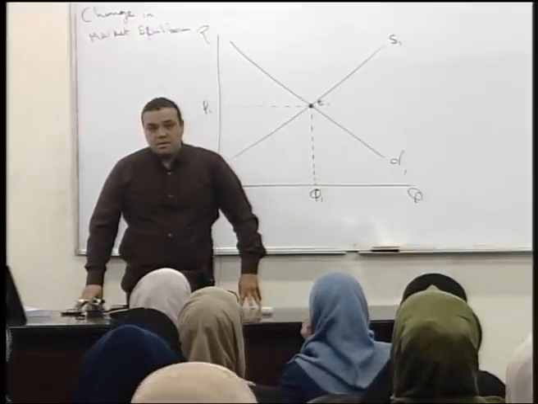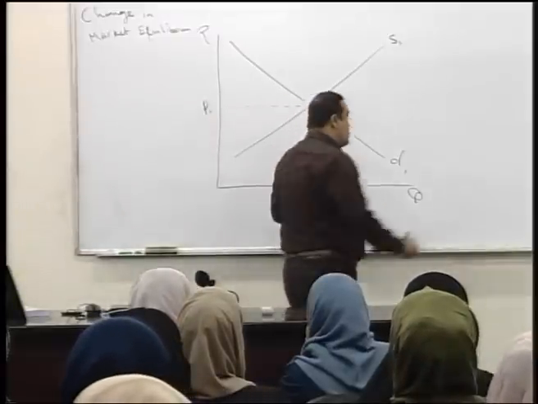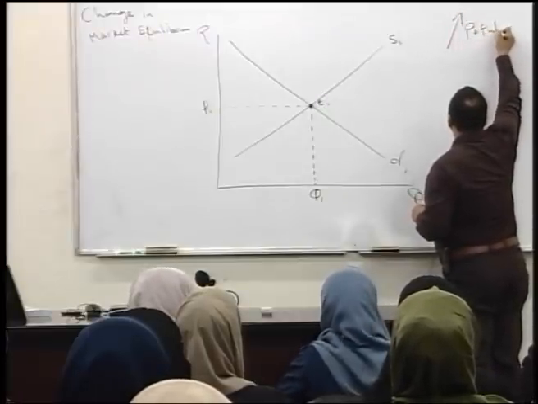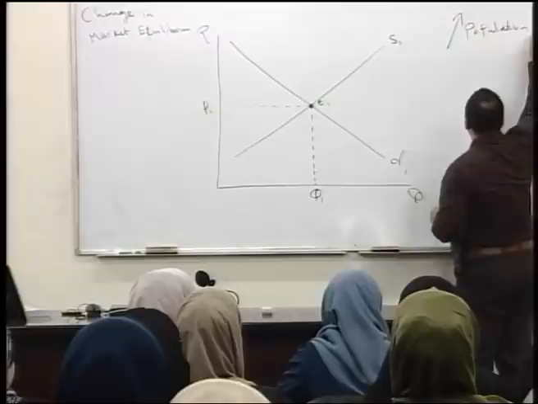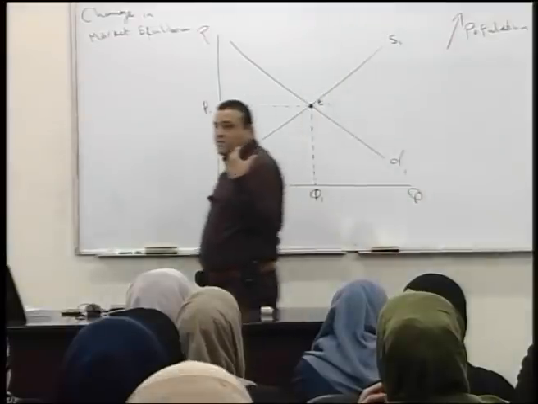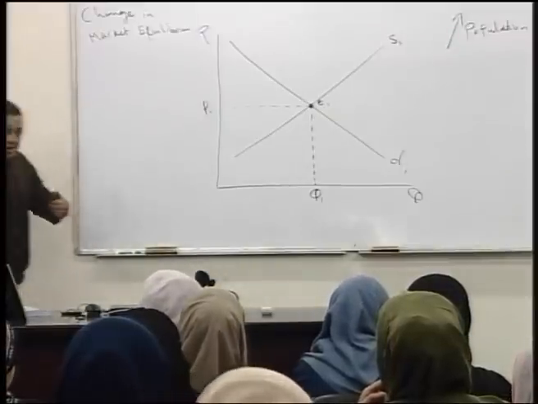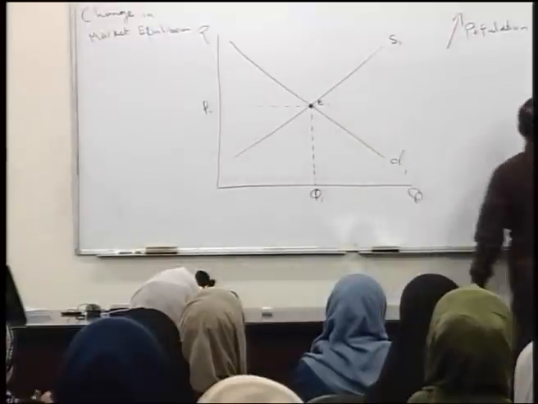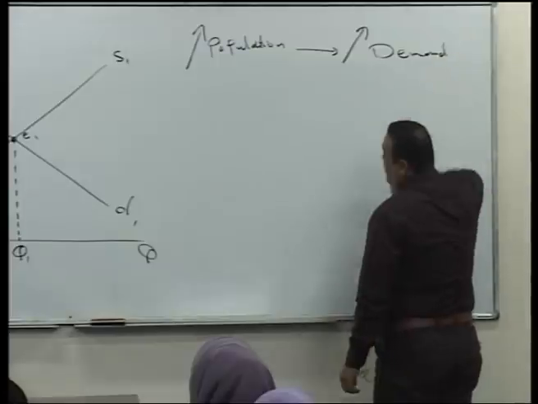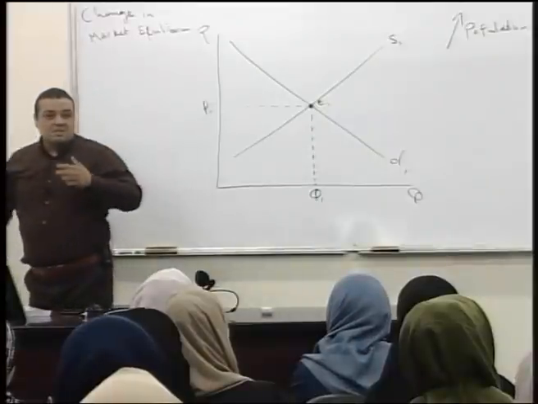Let's assume that in one area, the population increases. What will happen? The population here is one of the main determinants of demand. So demand will increase, because we're talking about a normal good.